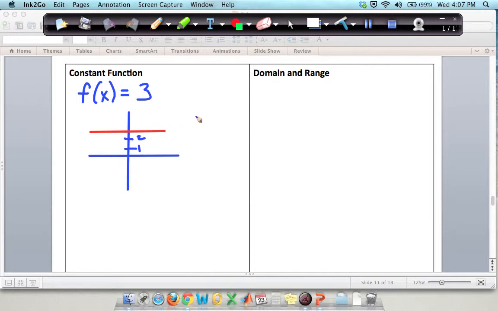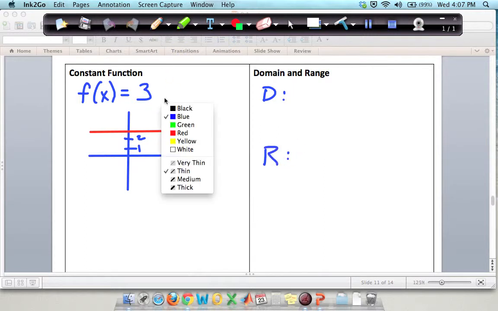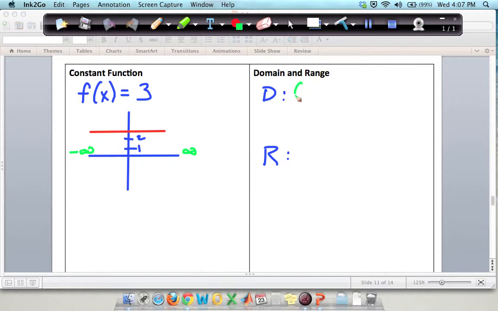Okay, just label it a little bit. Okay, so now let's talk about the domain and range. Let's start with domain. I'm going to go from -infinity to infinity, and you can see that there's no stops in this graph. I have all the negative x values used and all the positive x values used. So this domain is -infinity to infinity.